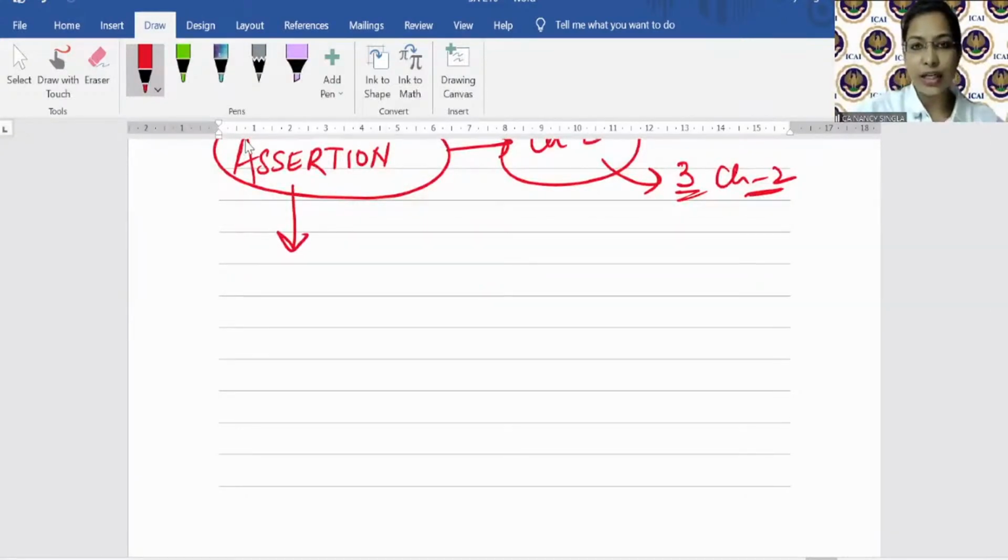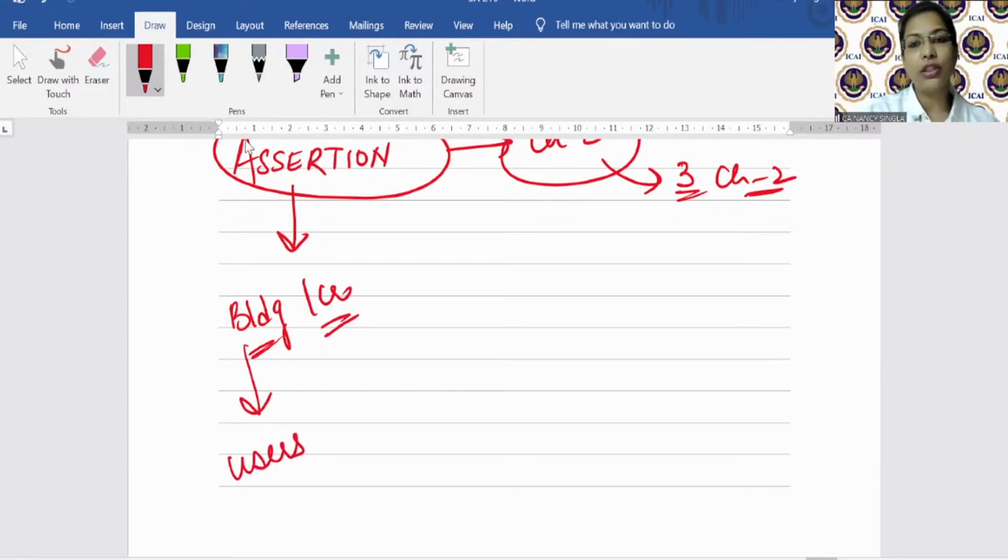See, assertion क्या है? Just listen to me carefully. See, if the management has a building of 1 crore. Now, how will the management give this information to the users of the financial statements? Will the management pick up the mic and start announcing, "देखो, our company is having a building of 1 crore"? नहीं.